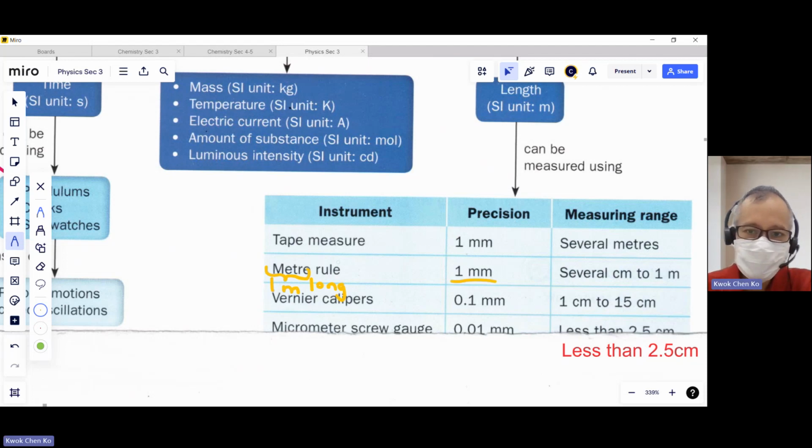Now, precision is likewise 1 mm. That would be your smallest interval. How long is it? We already mentioned it's 1 meter long. So in other words, it's used to measure something of a few cm up to 1 meter long. Vernier calipers. Now, sometimes they remove the word vernier and add in digital calipers.